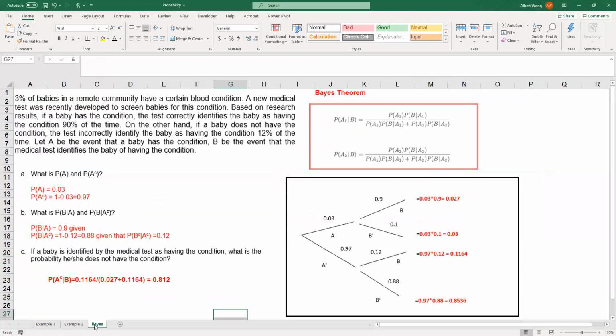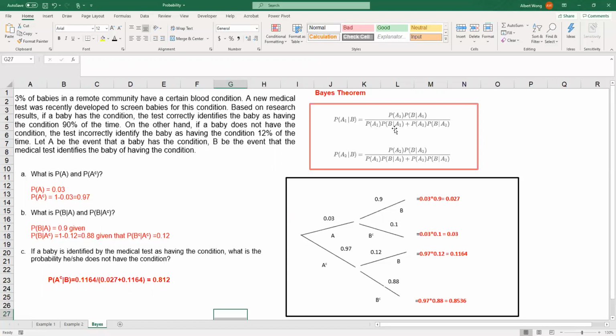The last example that I want to show you, of course, is in relation to the Bayes theorem. Now, the Bayes theorem seems to be very complicated, and here is an example of the Bayes theorem when we have two events.